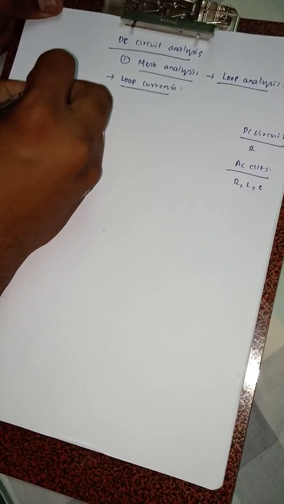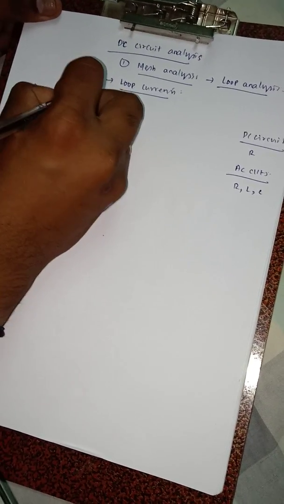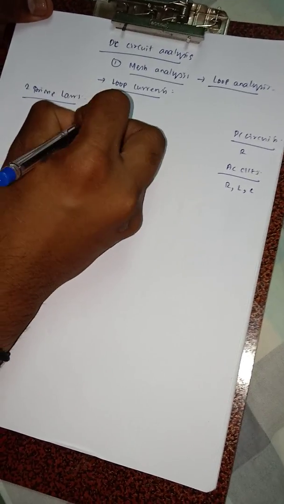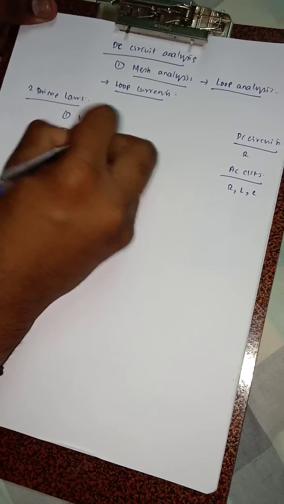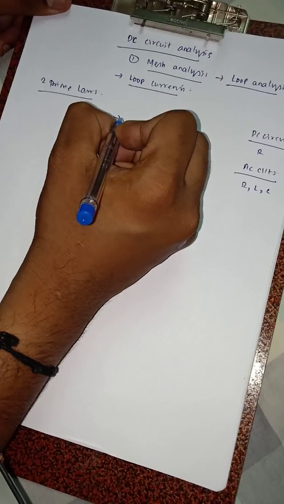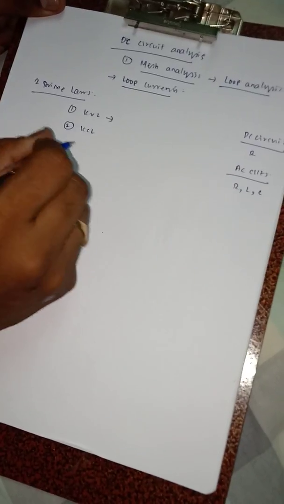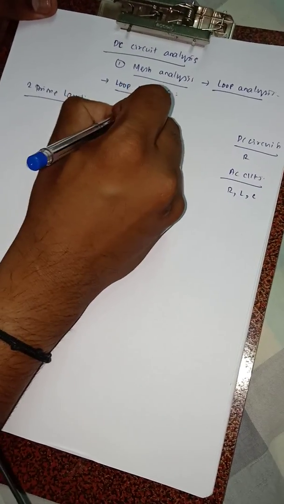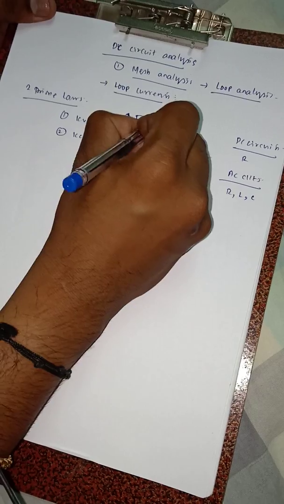In the DC circuit analysis, you are going to use two prime laws. One is your Kirchhoff's voltage law and the second one is called your Kirchhoff's current law. Kirchhoff's voltage law could be defined as: in a closed loop, the potential rise is equal to the potential drop.